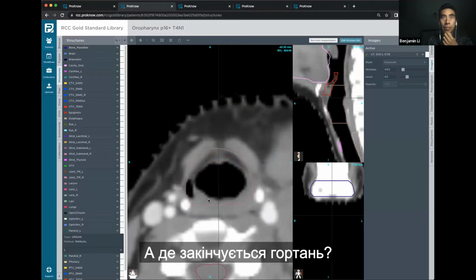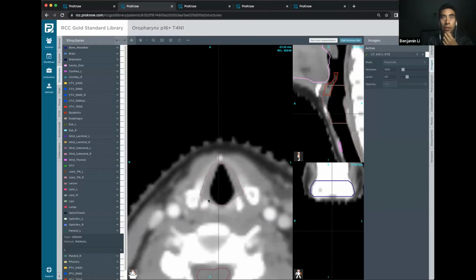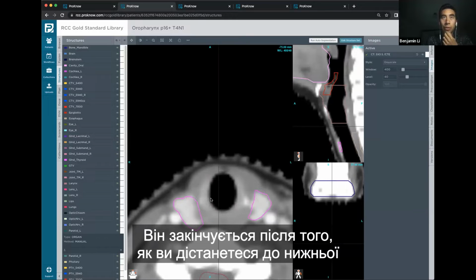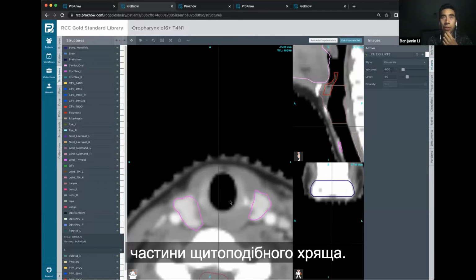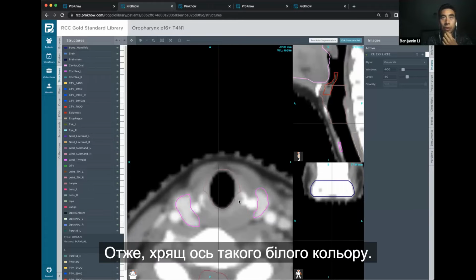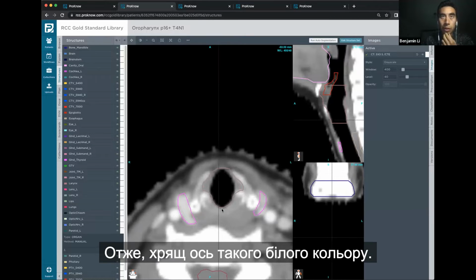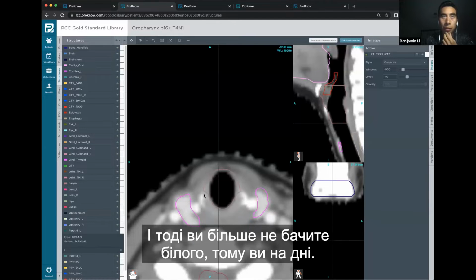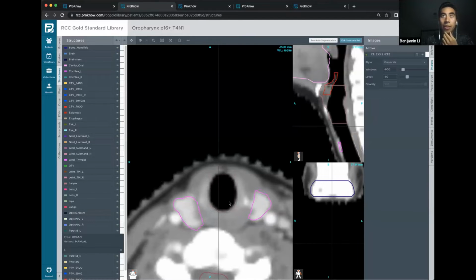And then where does the larynx end? It ends after you get to the bottom of the cricoid cartilage. So the cartilage is sort of this white, and then you can no longer see white, so you're at the bottom.